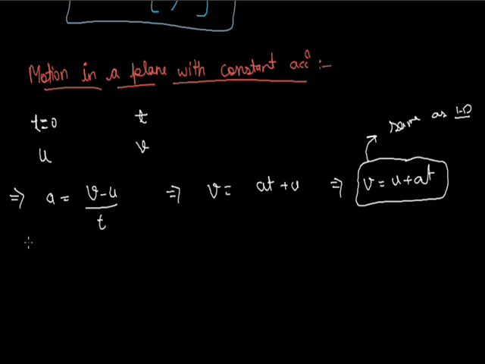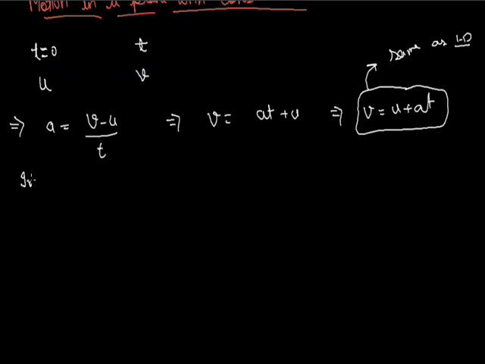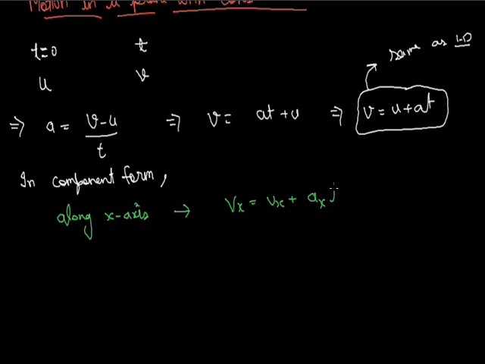Along the x-axis it becomes vx equals ux plus ax into t, and along the y-axis it becomes vy equals uy plus ay into t.